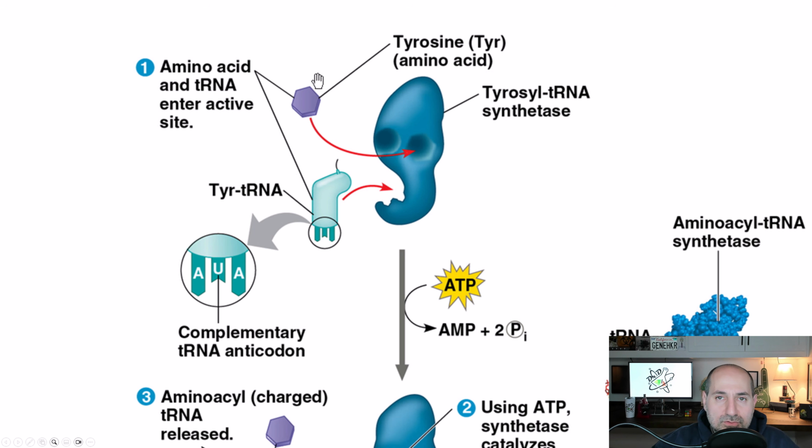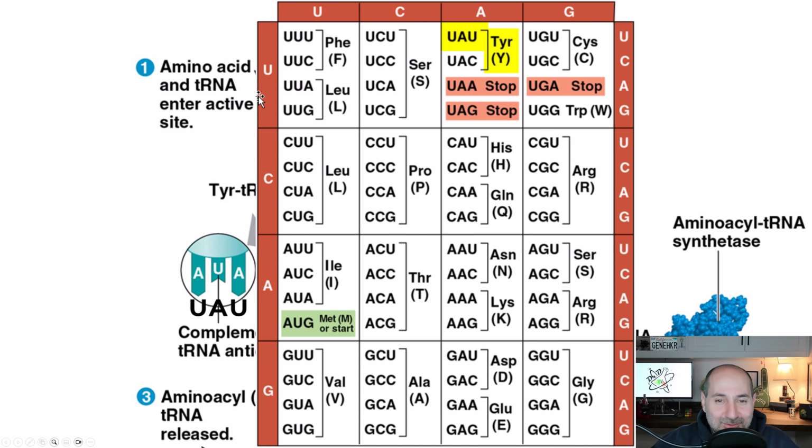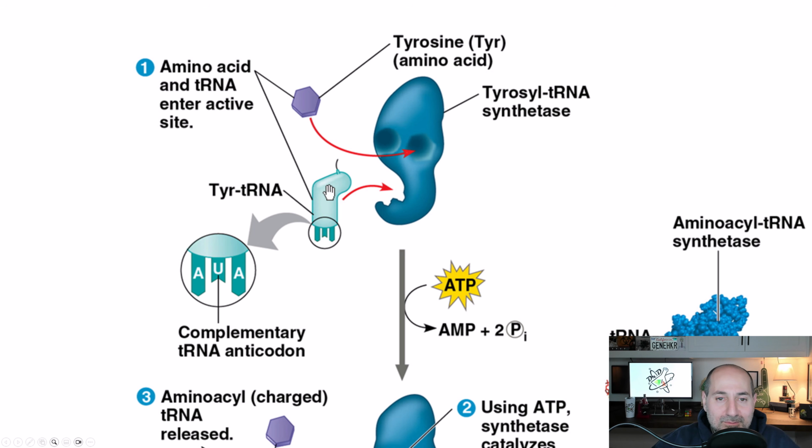tRNA. It will also grab the appropriate amino acid. In this case, this tRNA is the one with the anticodon AUA, which is complementary to the codon for tyrosine. The amino acid is tyrosine. So this synthetase will grab the tRNA.